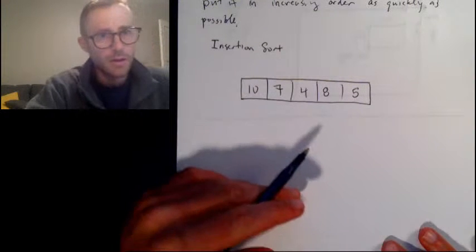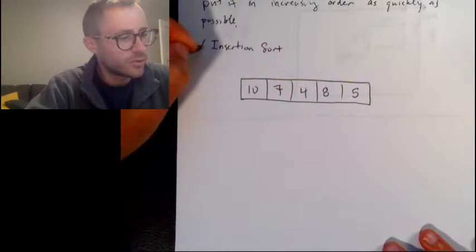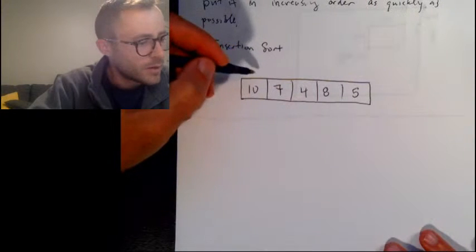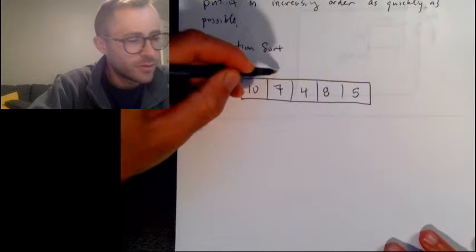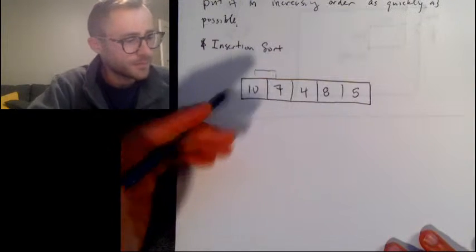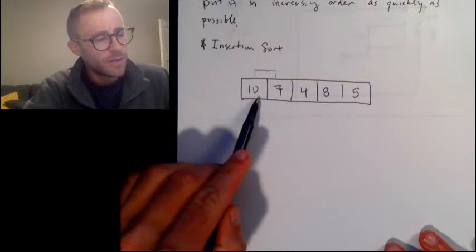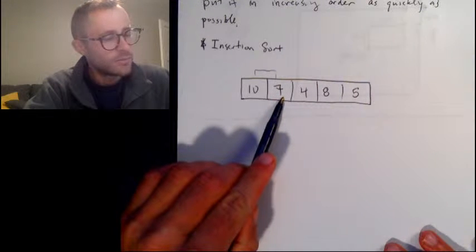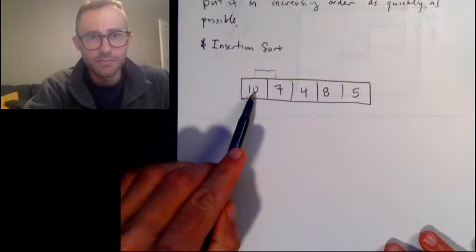But here's how insertion sort works. We're going to compare the first 2 numbers, and I can see that 7 is less than 10.